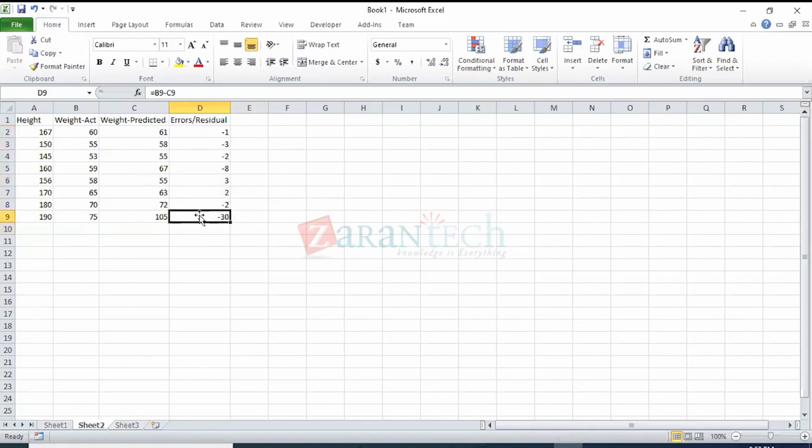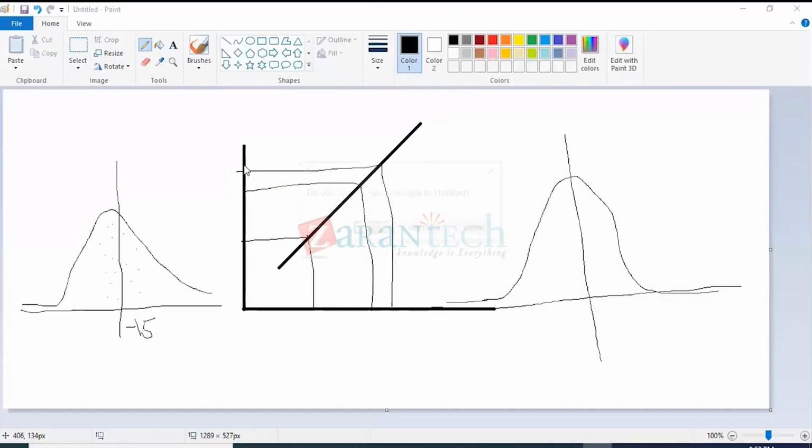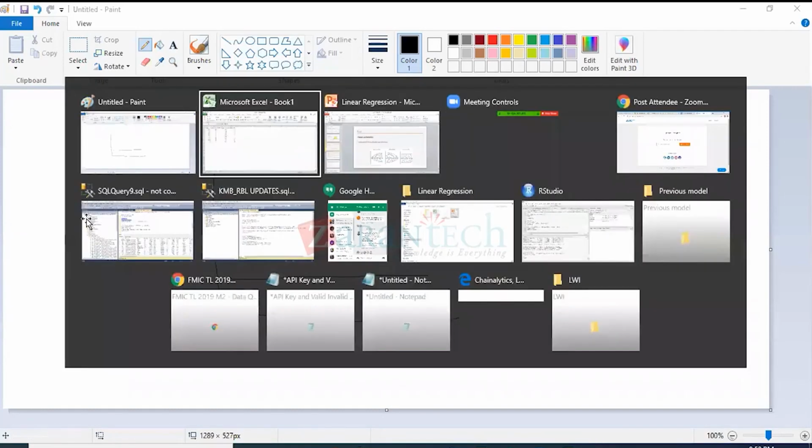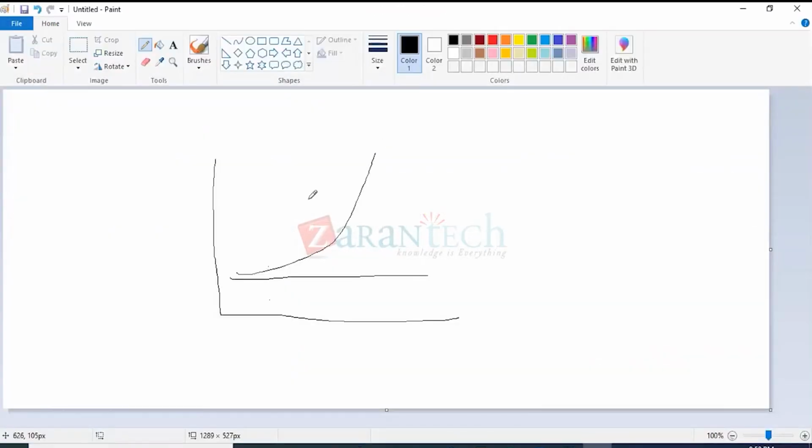If I plot it in the graph, the variance till now was almost the same, but if I consider this, you can see that the variance has increased.